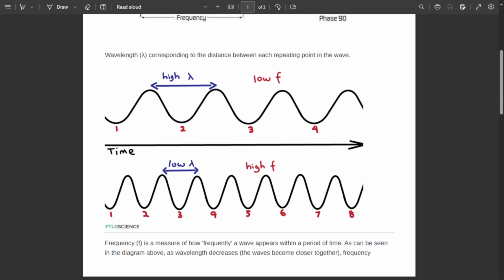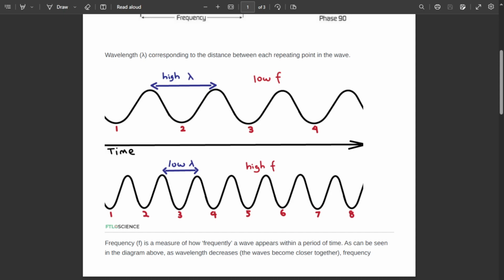Why? Because you can see here the positive cycle and the negative cycle. You start from the positive one, then negative, and again positive, right? So this positive waveform and negative waveform together is called the frequency duration, right?